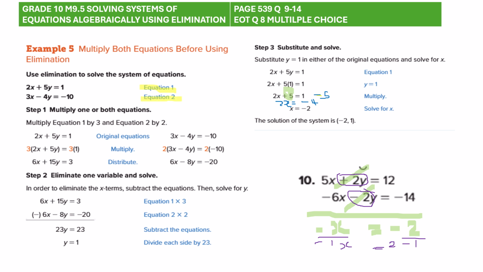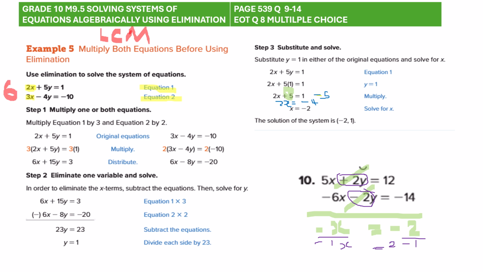Then you look at the variables and see what the common multiples of 3 and 2 are. We know that if you multiply 3 and 2, you get 6. So you look for your lowest common multiple, LCM, of 3 and 2, which is 6.